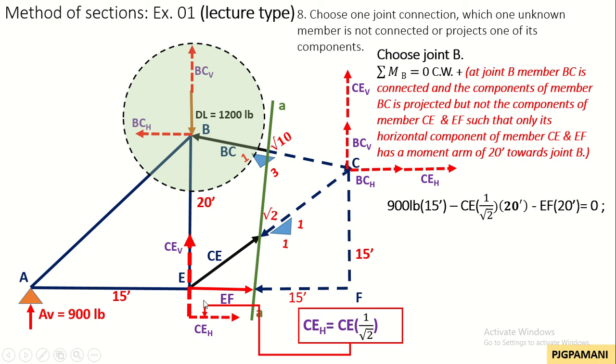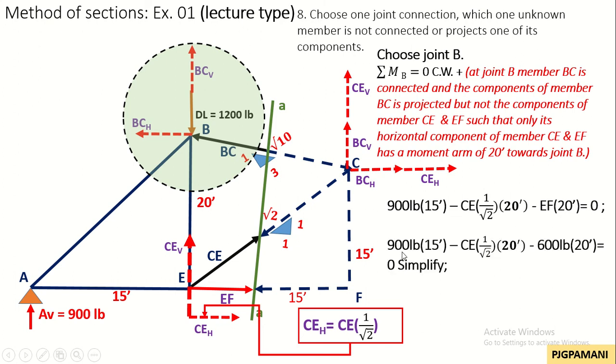Then, lastly, the member EF has a moment arm distance going counterclockwise towards joint B of 20 feet as shown in this equation. So 900 pounds times 15 feet minus CE times 1 over square root of 2 times 20 feet minus EF times 20 feet equals 0.